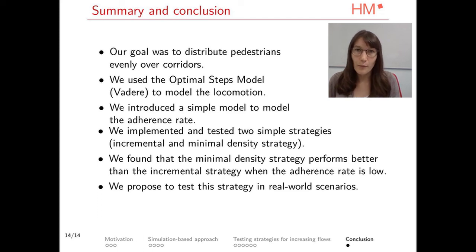And we proposed to do this using a simulation-based approach. We modeled the locomotion behavior with the optimal steps model. We proposed a simple model for the adherence rate, meaning not every pedestrian will adhere to the route recommendation that we make with our guiding strategy, and we need to consider this in the simulation.